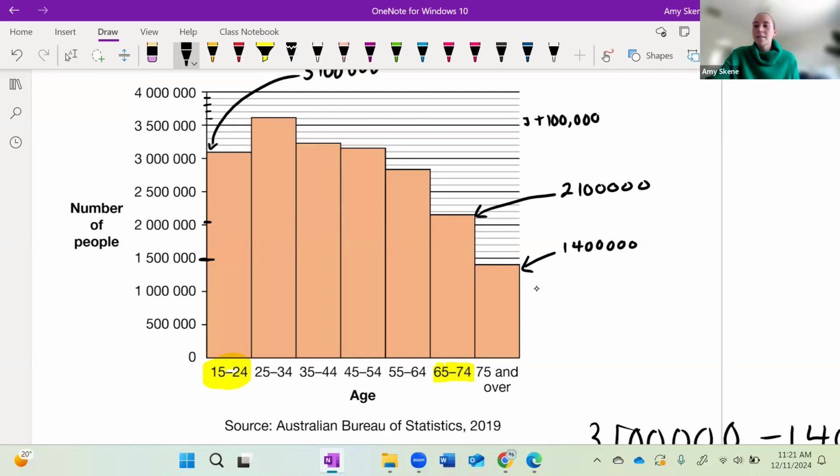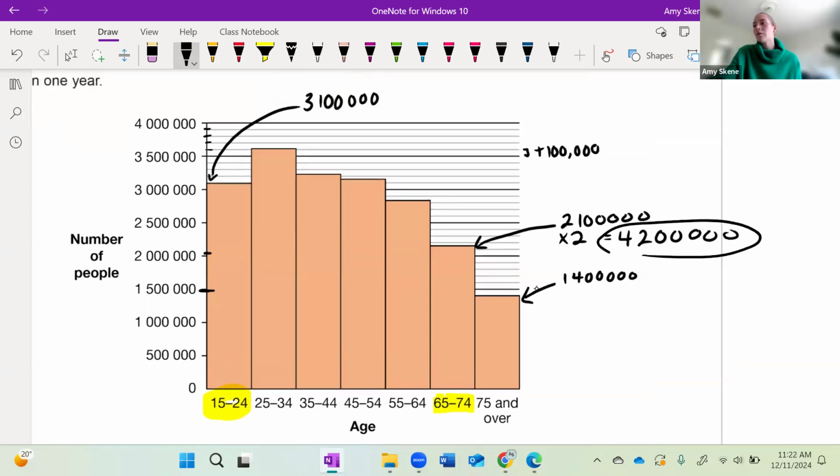I need to think about what double that number would be. If I doubled the number from the 65 to 74 age group, I'm multiplying it by 2. If I multiply that by 2, I would get 4,200,000. If I'm now going to compare 4,200,000 to our age group of 15 to 24, we know that it's actually not double.